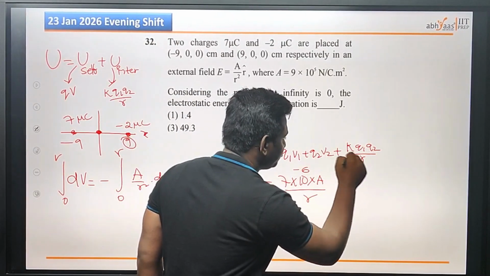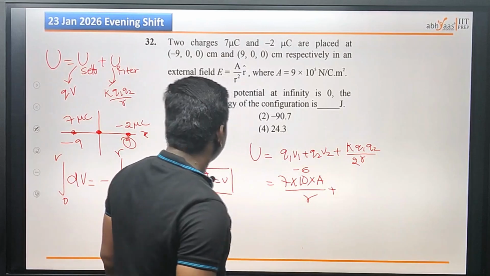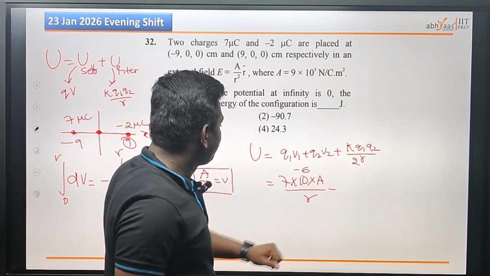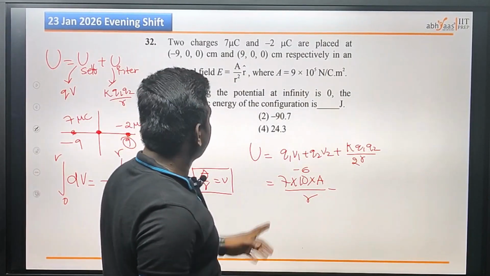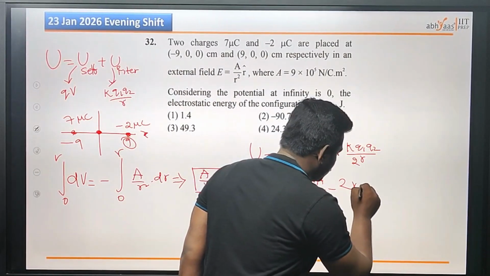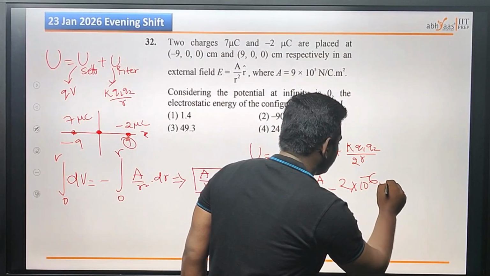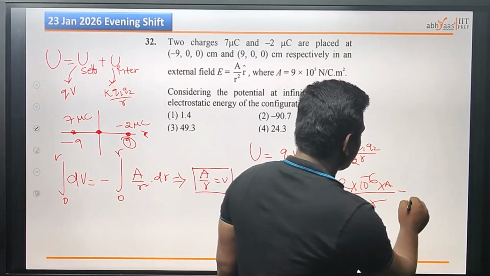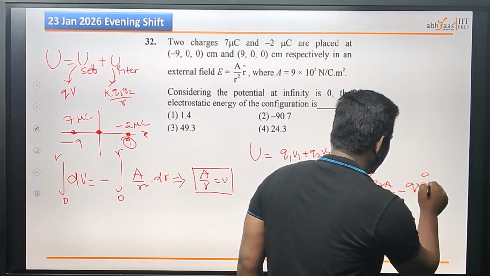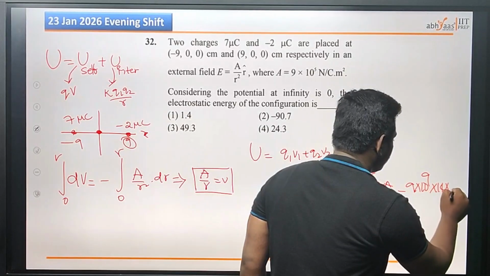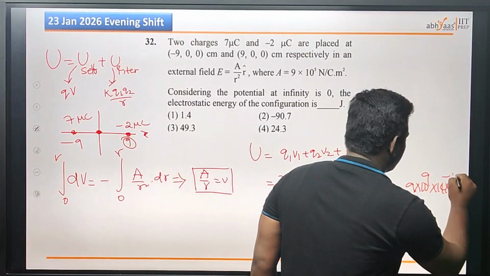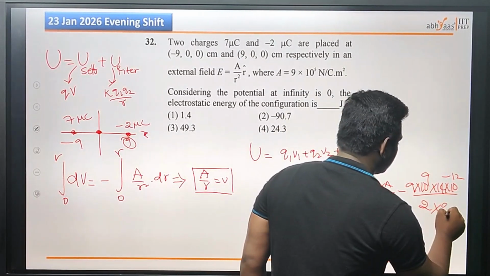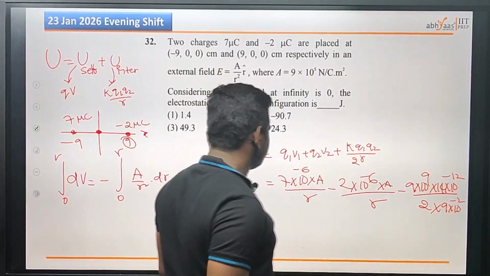Plus minus 2 into 10 to the power minus 6 into A by R. Then 9 into 10 to the power 9 into 14 into 10 to the power minus 12 by 2 into 9 centimeters, that is 9 into 10 to the power minus 2.